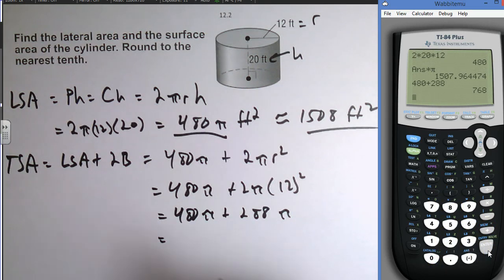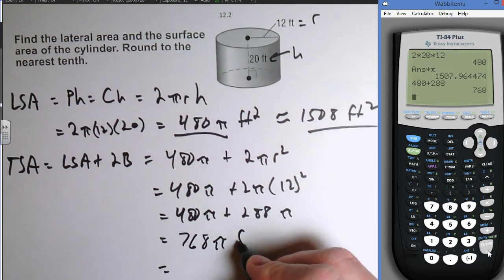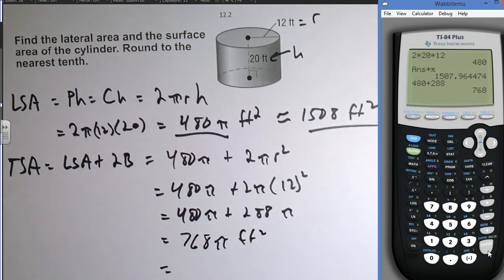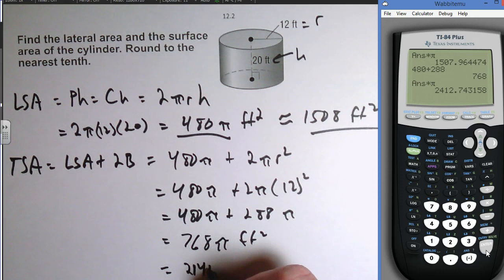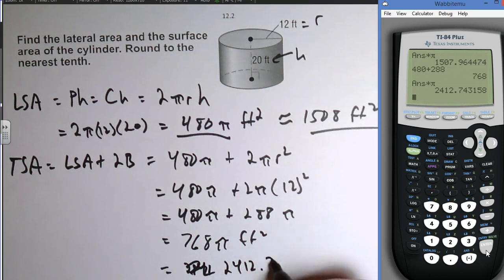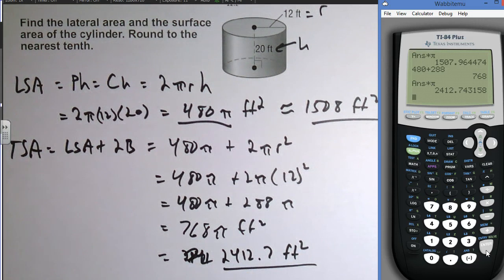That is 768 pi feet squared, which then as a decimal approximation, 2412.7. Oh, barely snuck that in there into the frame. All right, and that's it.